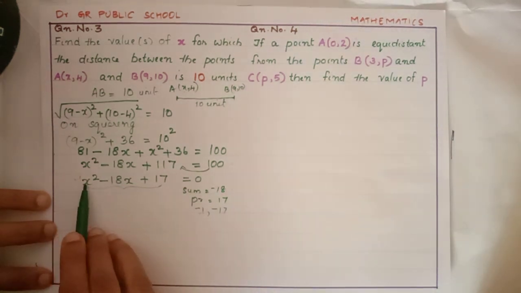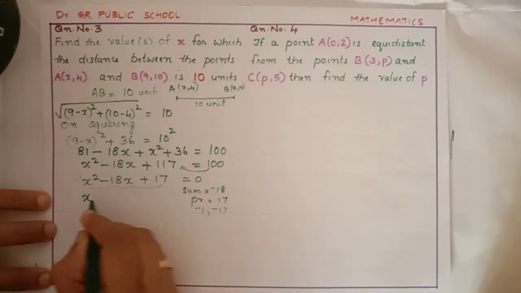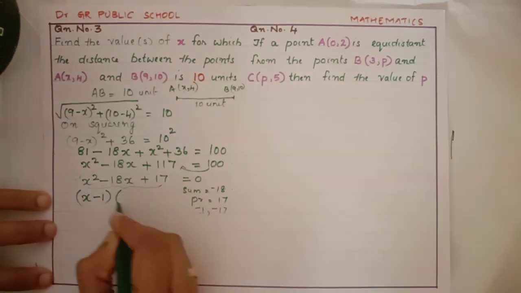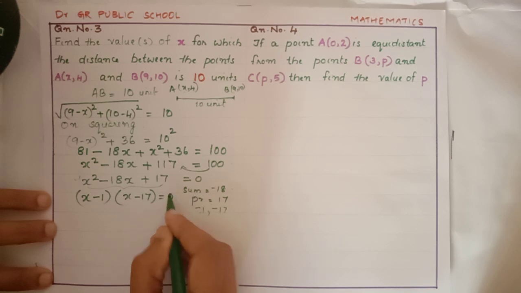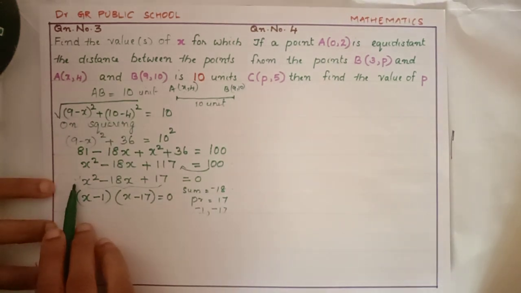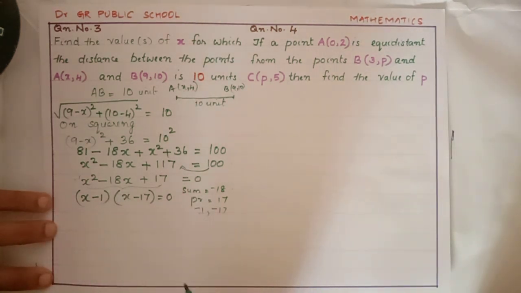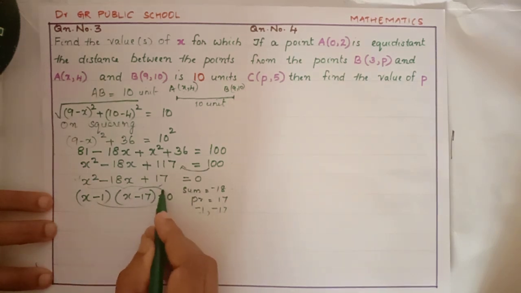But here the coefficient is 1, so we can write the factors directly as (x minus 1)(x minus 17) equal to 0. Remember children, if there is any other coefficient, you have to split the middle term and write all the steps.